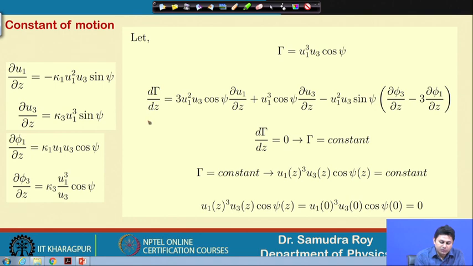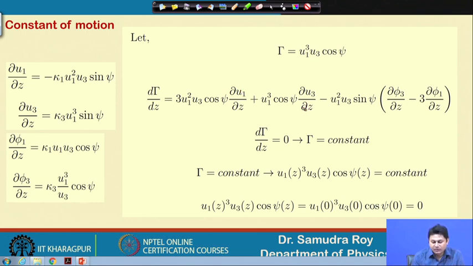So, what we will do, we will just take a derivative with respect to z on both sides. When you take a derivative with respect to z, then on the right hand side you write 3 u1 square, because u1, u3 and psi are all functions of z. So, first there will be 3 functions, so 3 derivatives will be associated with that. First is 3 u1 square u3 cos psi and the derivative corresponding to u1.